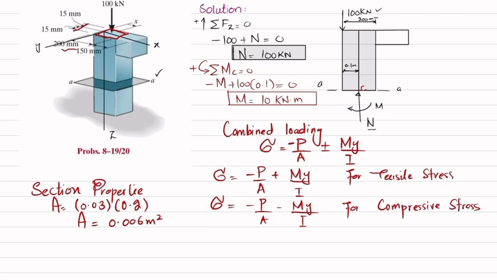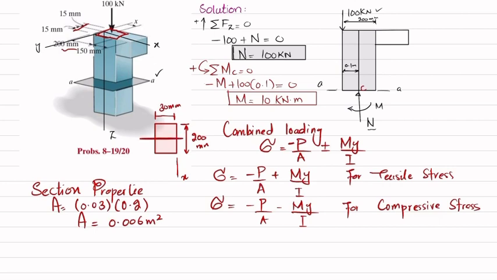Now we'll find I. If I draw the section like this, you can see this distance in the x direction, the height, is equal to 200 millimeter. This is the y direction, which is equal to 30 millimeter, and z is out of plane, so this will be the neutral axis.